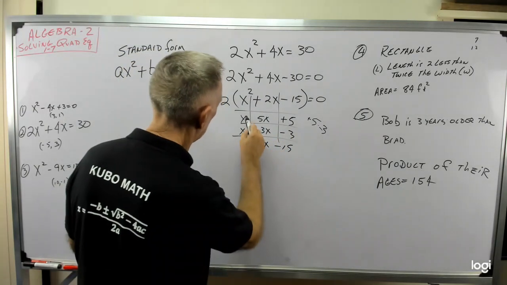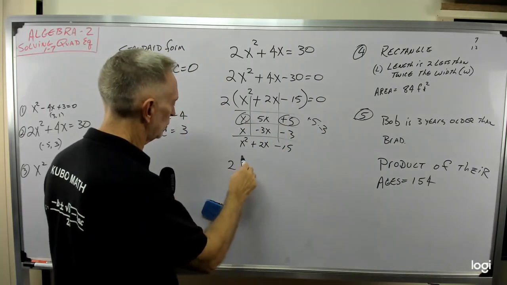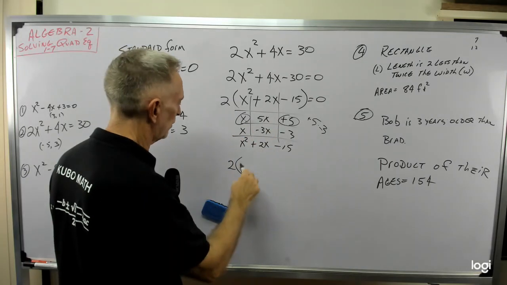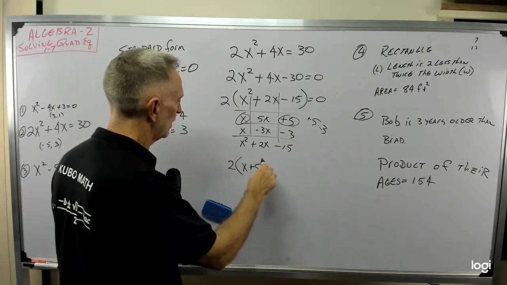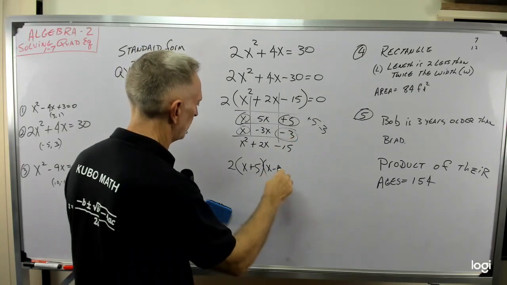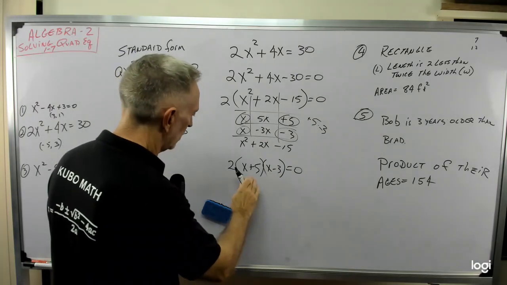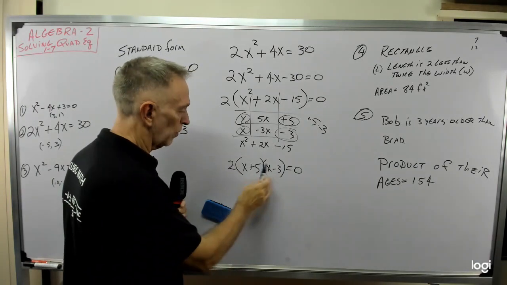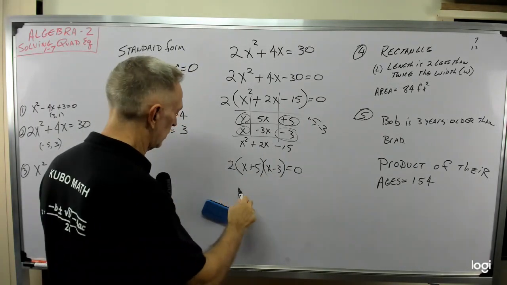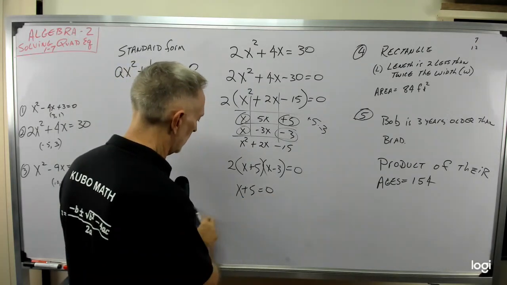and a negative 15. All right, so I have 2 times, let's not forget our 2 times the parentheses of x plus 5 times x minus 3 equals 0. Okay, so I know one or the other of these equals 0, so x plus 5 equals 0.